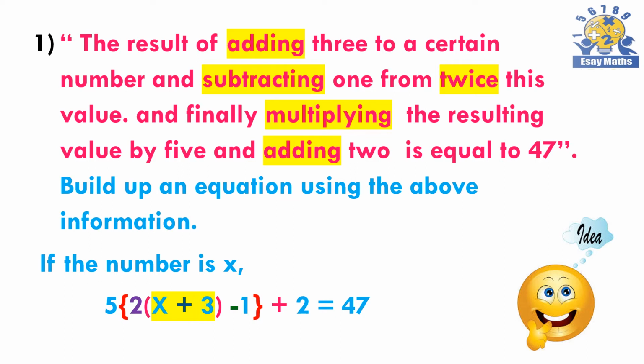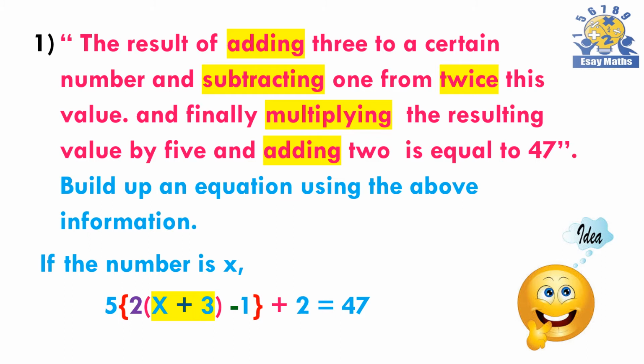If the number is x, we can build up an equation to represent this information. Then subtracting 1 from twice this value. Then we should subtract 1 from that. Then it means 2 into x plus 3 minus 1.